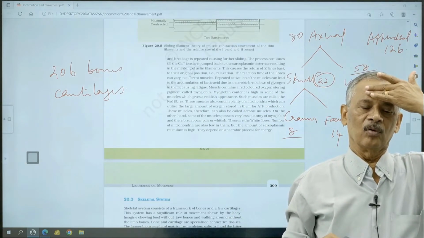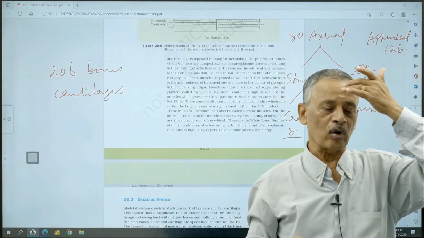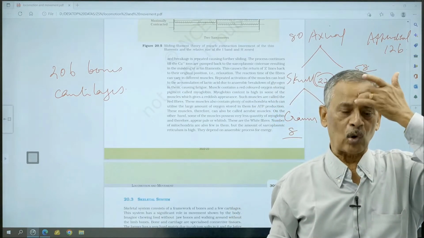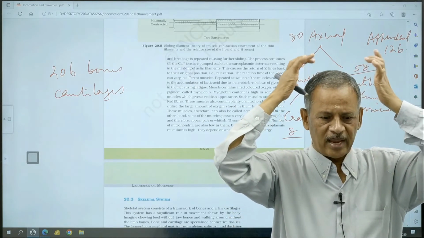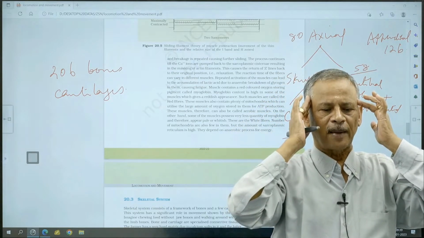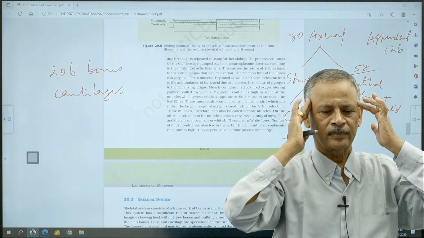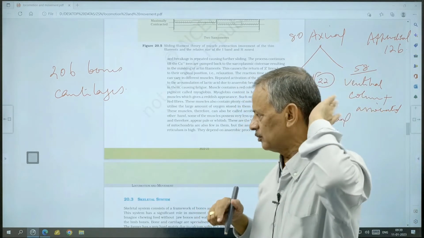The large flat bone in our forehead is the frontal one. A pair of parietals, a pair of temporals, an occipital at the back.